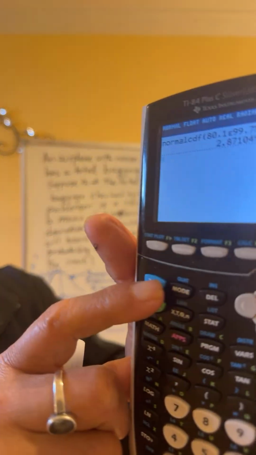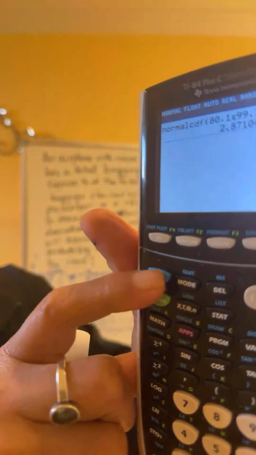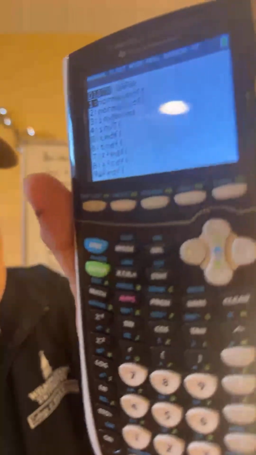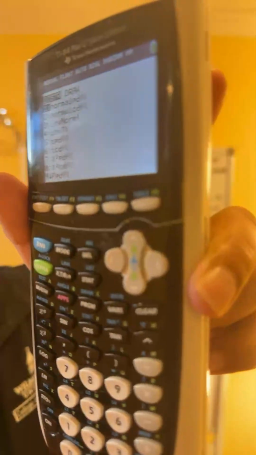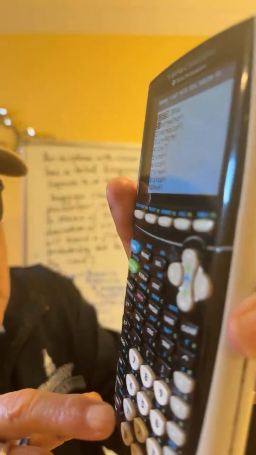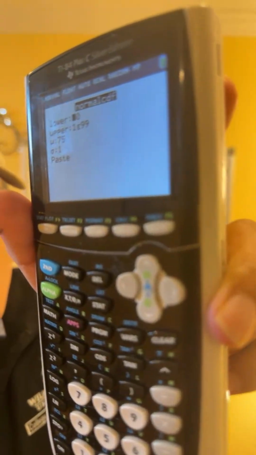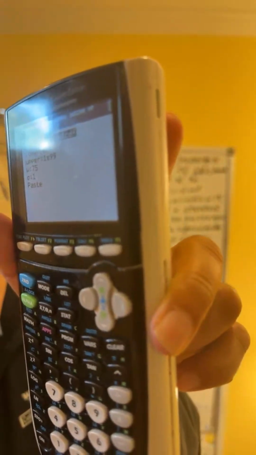We go to TI-84, press the second button on the top left, then the VARS button in the third row, second VARS, and then number 2 for normal CDF. C stands for cumulative distribution function. It finds the area under the normal probability distribution, hence normal CDF.